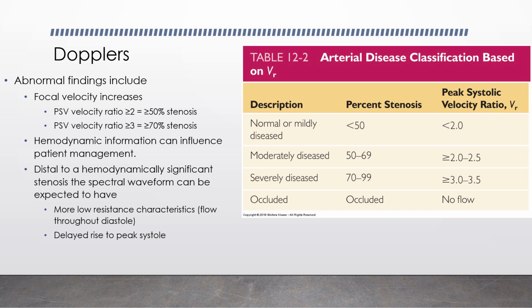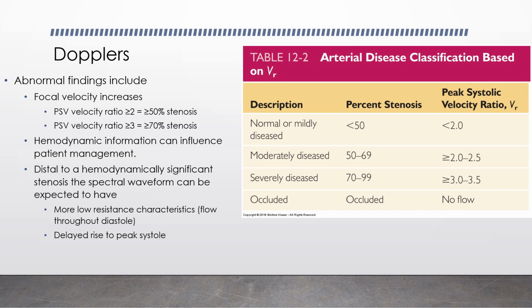If we add to those hemodynamic information, such as turbulence and other things, that can help the physicians assess what to do going forward with the patient. Now, distal to a hemodynamically significant event or stenosis, the spectral waveform will first demonstrate turbulence, like we talked about, and then it's going to have a more low resistance, lower peak systole.